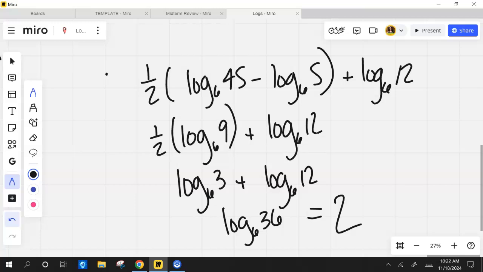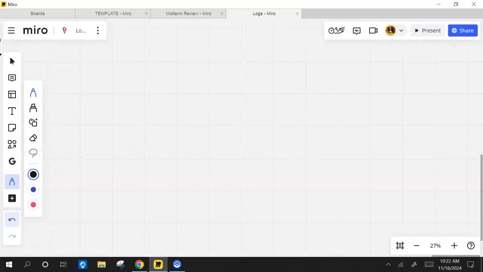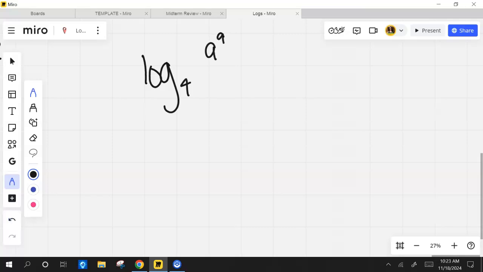All right, let's do some expansion. Square root, because this is a 1/2 exponent. Expand.